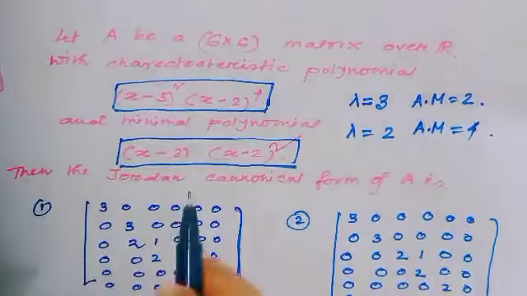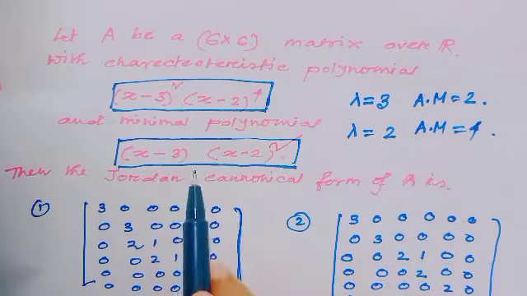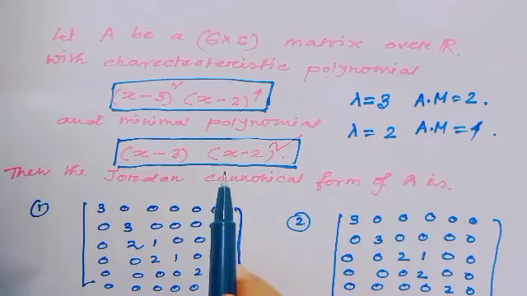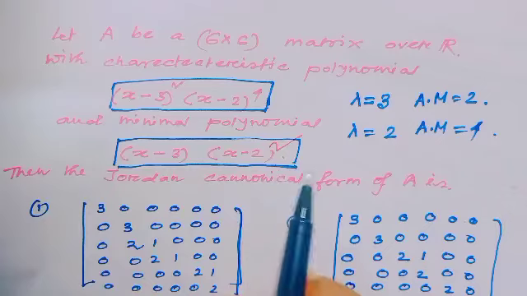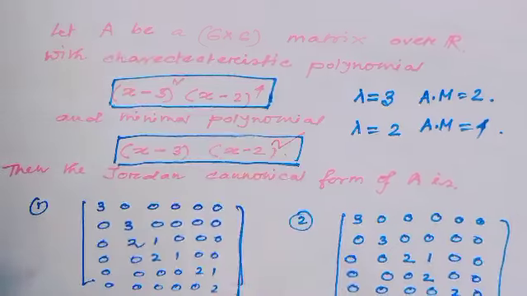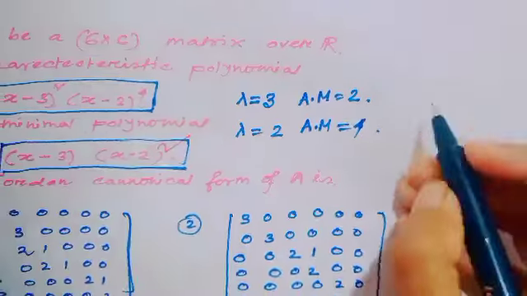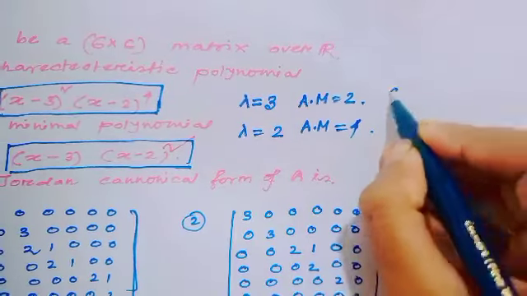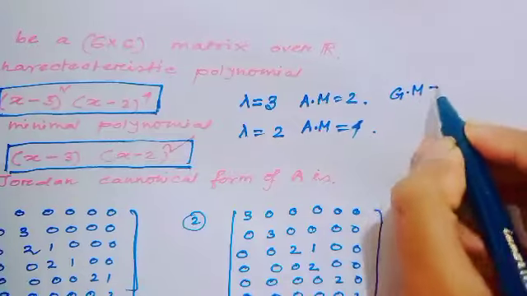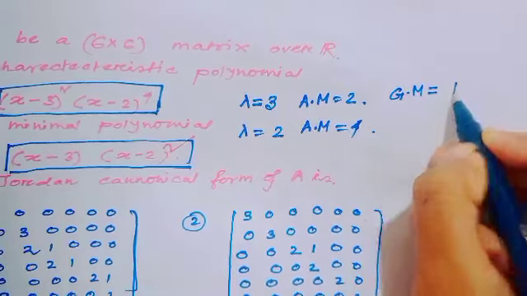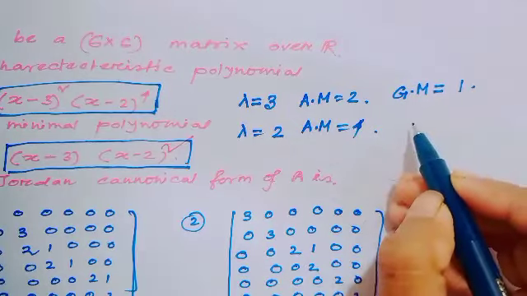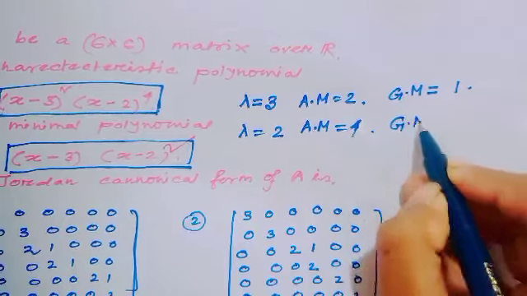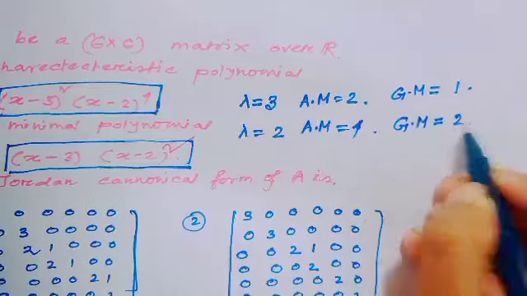And notice, since the minimal polynomial is x minus 3 times x minus 2 whole square, obviously the geometric multiplicity of lambda equal to 3 is 1 and the geometric multiplicity of lambda equal to 2 is 2.